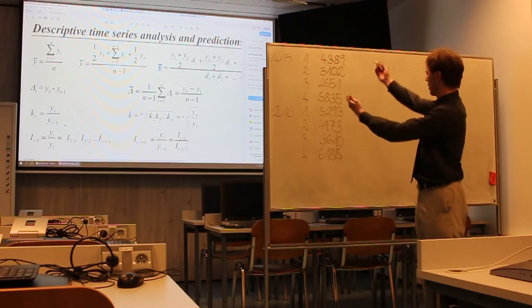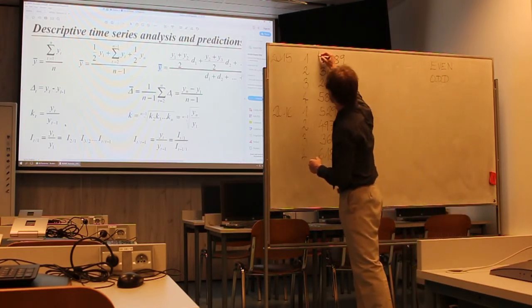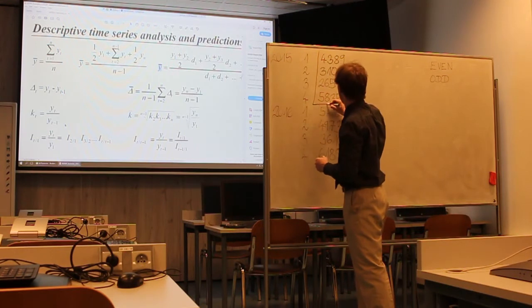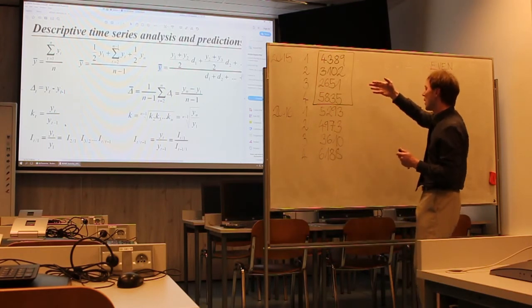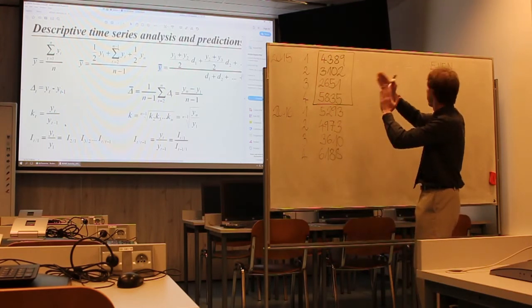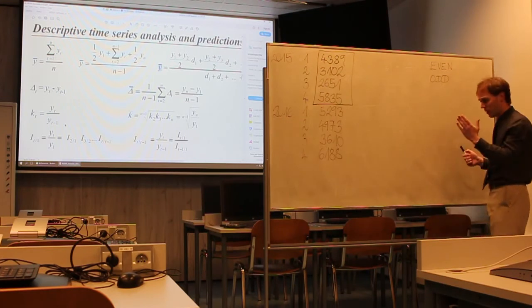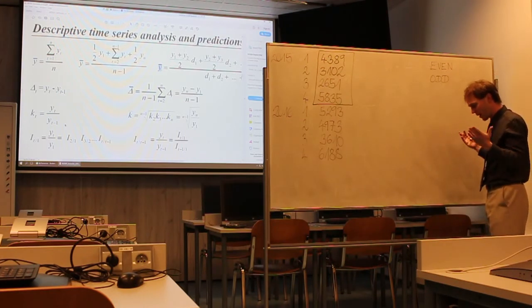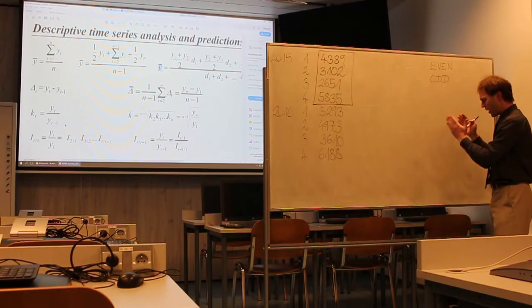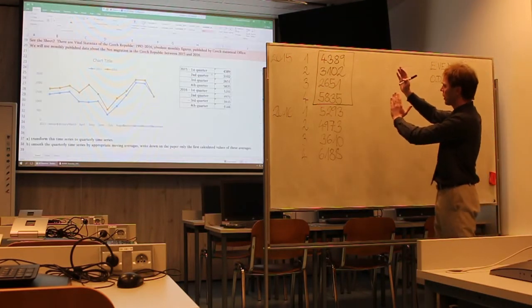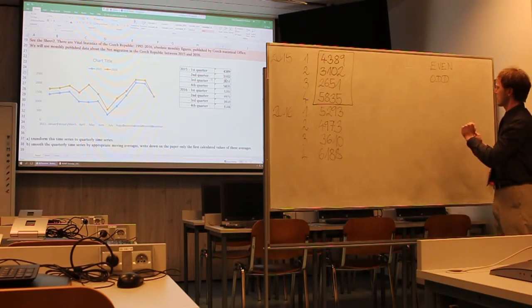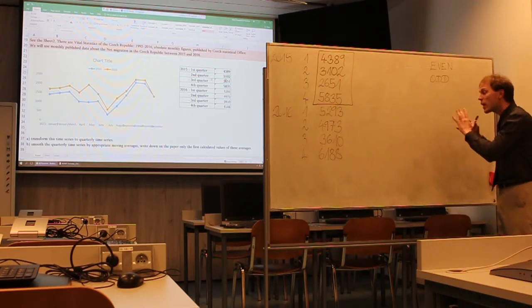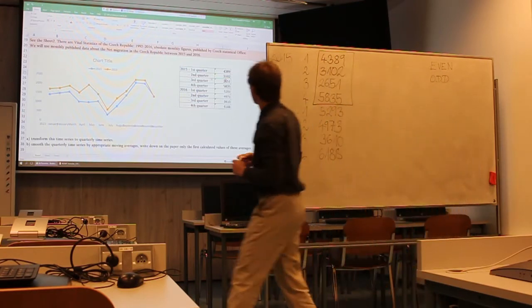But now we have quarterly seasonality. So there we have 4 values of the particular year. So 4 is even. If we calculate the moving average with the length 4, we don't have a position where to write the result. So it's a little bit more complicated.